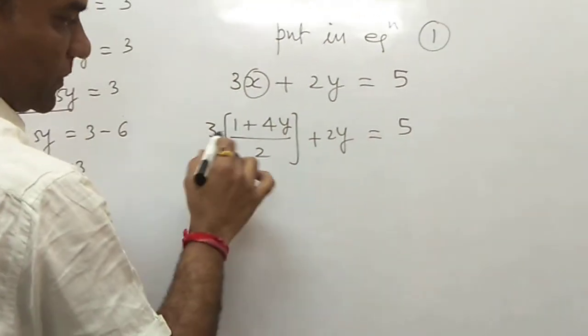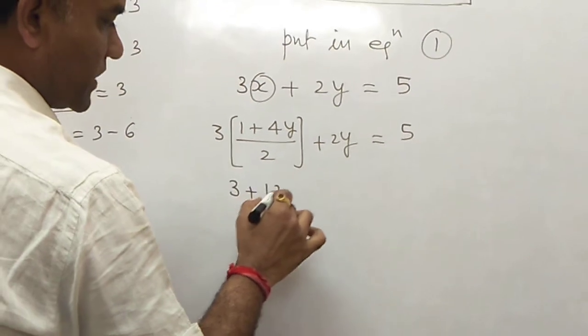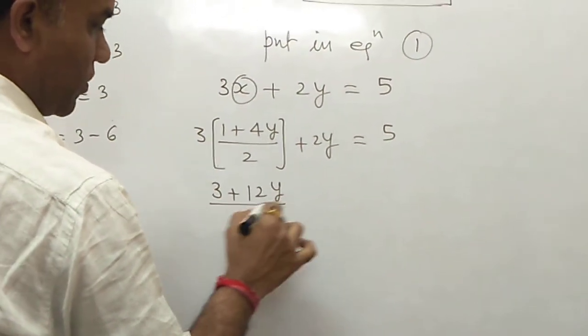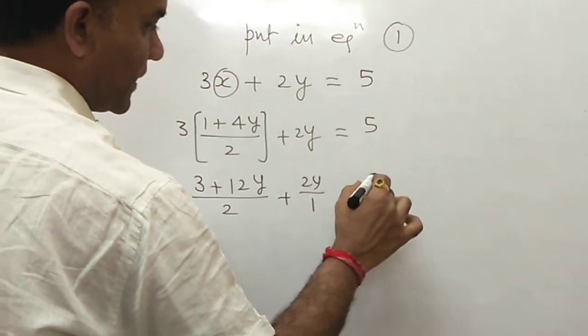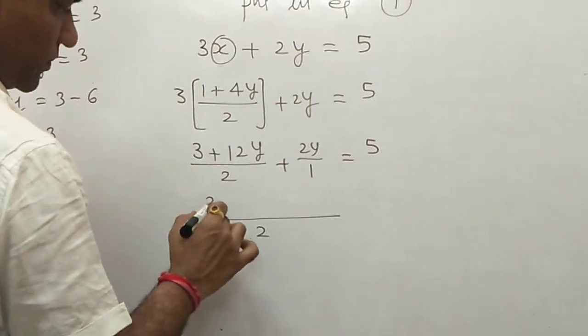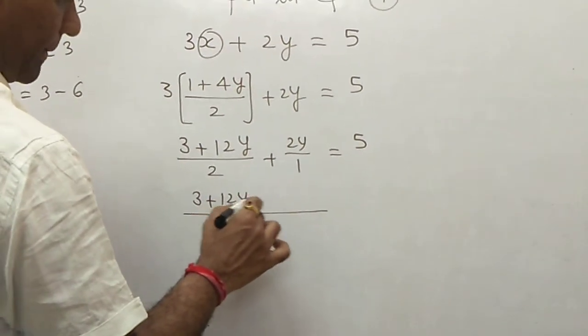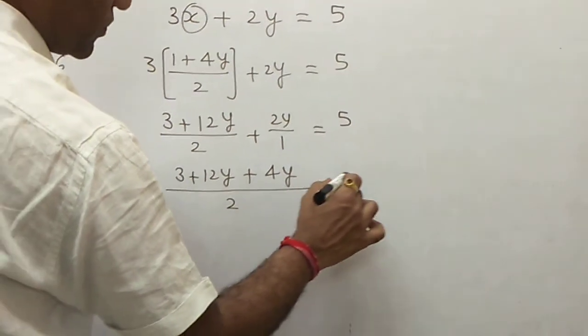First multiply inside the bracket: 3 ones are 3, 3 fours are 12y, whole upon 2, similarly 2y upon 1, and then 5. Now we take the LCM, 2: 3 plus 12y, and 2 twos are 4y, equal to 5.